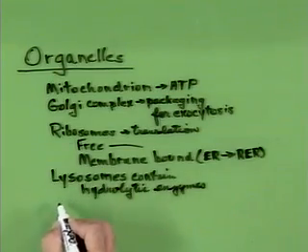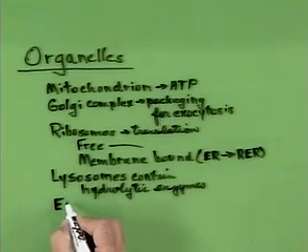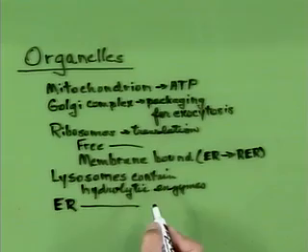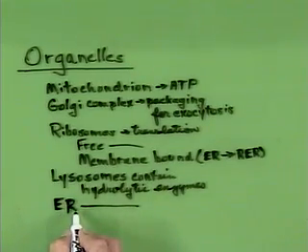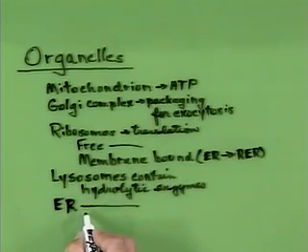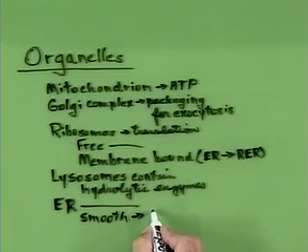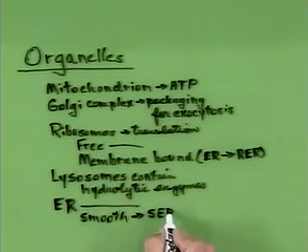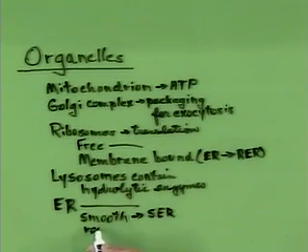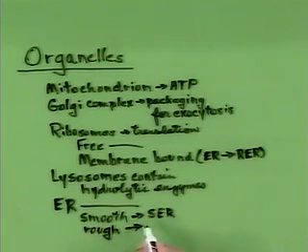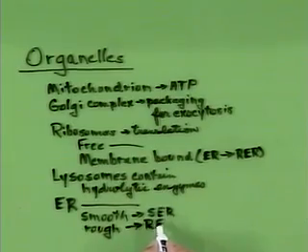We better put up endoplasmic reticulum since we've already mentioned it. ER stands for endoplasmic reticulum, and that can either be smooth if it has no ribosomes on it at the moment, and we abbreviate that SER, or it can be rough if it has ribosomes on it at the moment, and we abbreviate that RER.